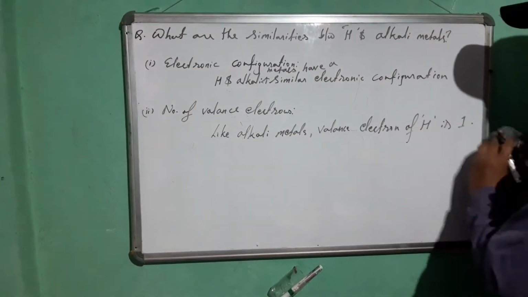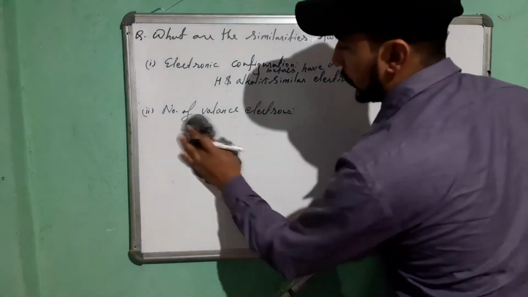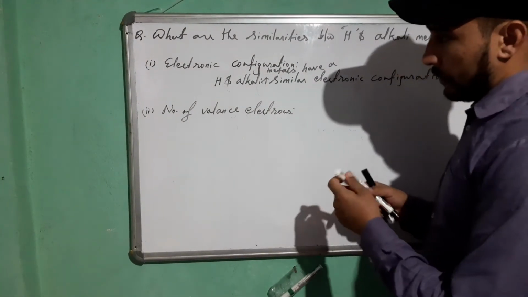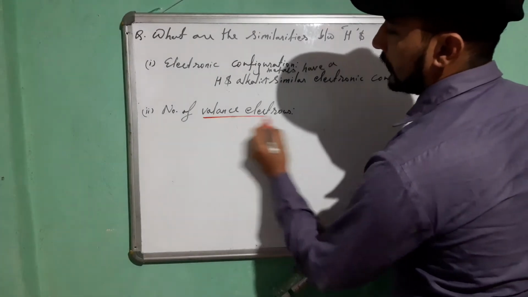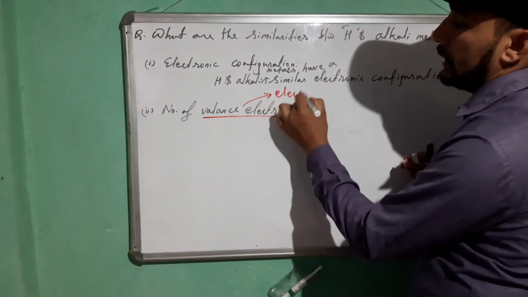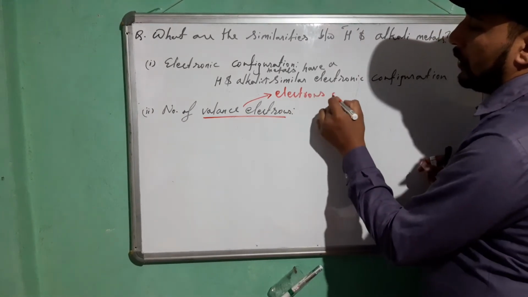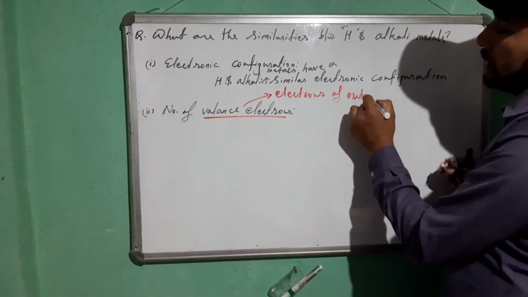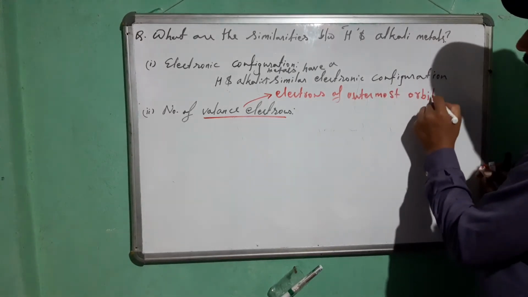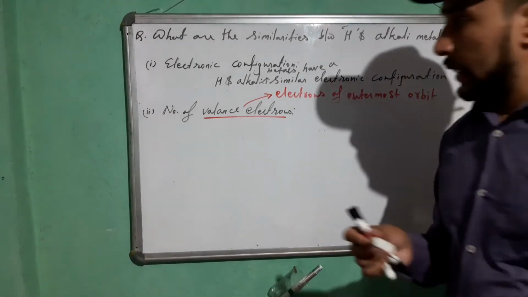So valence electrons means the electrons present in the outermost orbit of an element. You can write, electrons of outermost orbit are known as valence electrons.